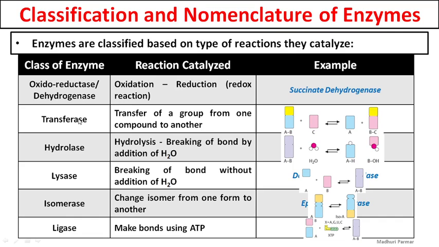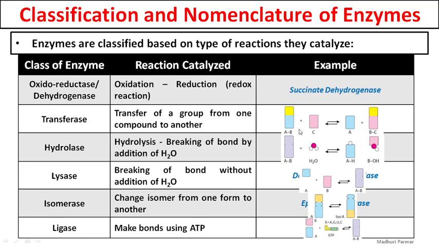Some enzymes are transferase type, which means they transfer a group from one compound to another. So you can see here, this is AB. The B is this yellow colored portion, and this C is another substrate. What the enzyme will do is, it will take this B, this group from the first substrate and transfer it to the second substrate, which is C. It makes this DC type of molecule.